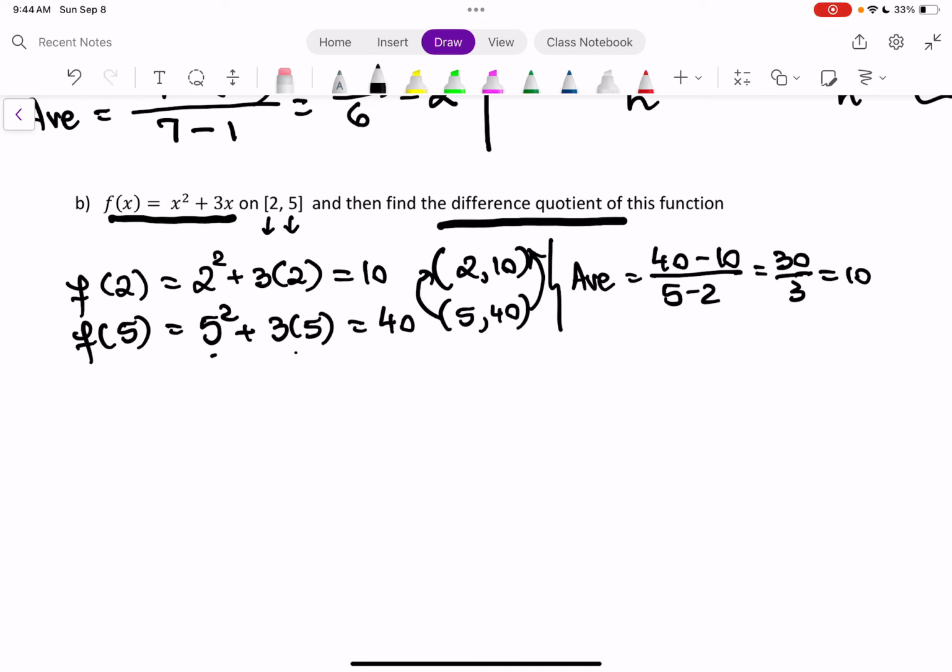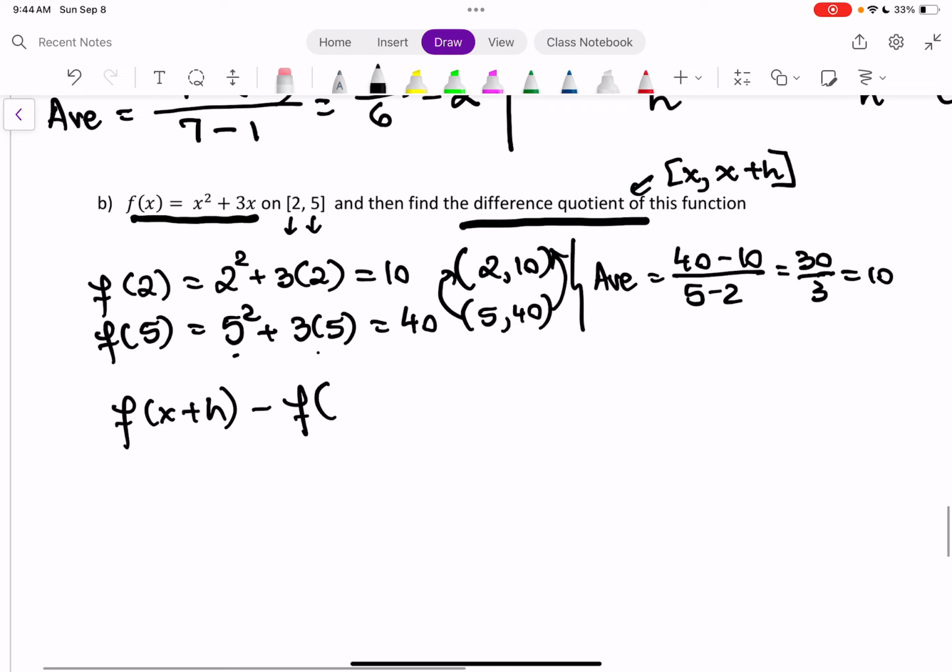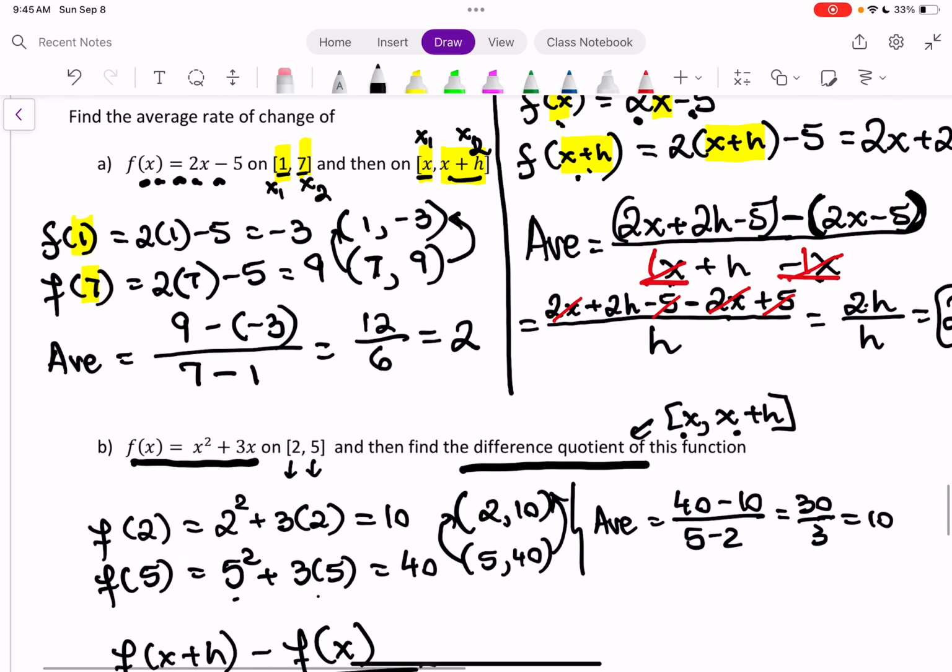Now to find the difference quotient, again, it simply means to find what happens on this function on the interval from a random x to a random x plus h. And the h on the bottom simply comes from the difference between the x's: x plus h minus x, as we saw it here, is just an h.